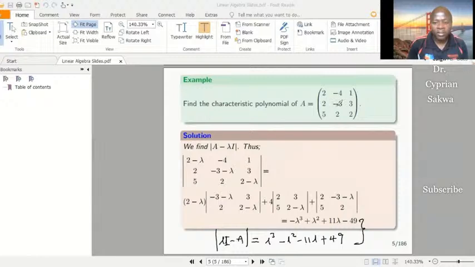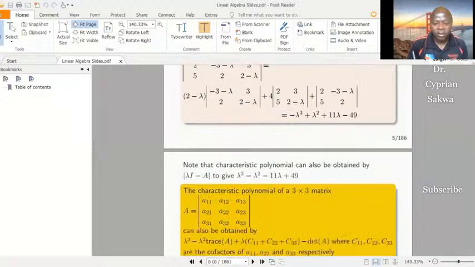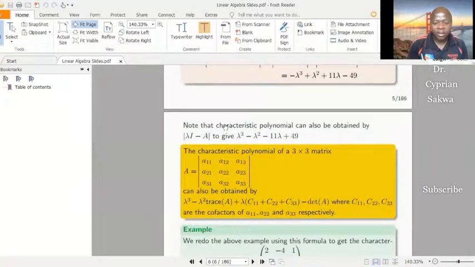Now, finding the characteristic polynomial for a 3 by 3 matrix, I've written it here, and I've already explained, but now the method I want to explain is this. You'd have lambda cubed minus lambda square multiplied by the trace of A, plus lambda multiplied by C11 plus C22 plus C33. Then what you need to know is, what are these C11, C22?